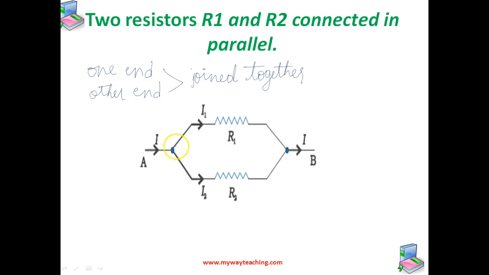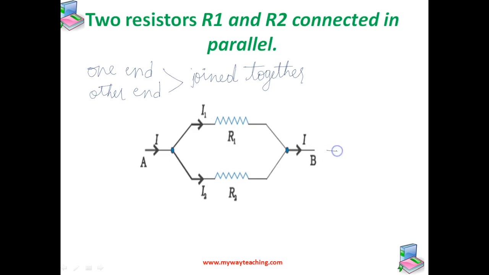In other words, if they are connected to two same points, then they are connected in parallel. R1 is connected between the points A and B, and R2 is also connected to the same two points A and B. So we can say the resistors R1 and R2 are in parallel connection, or that they are connected parallelly.